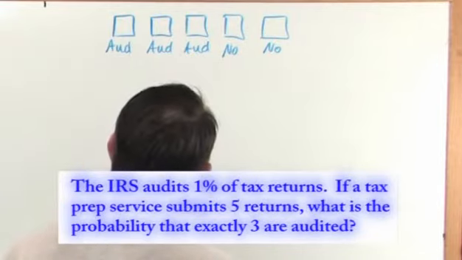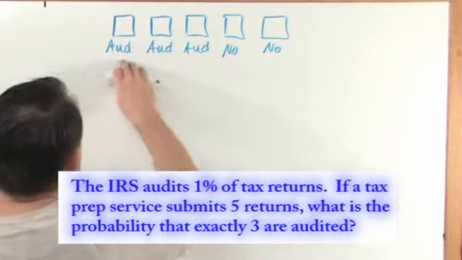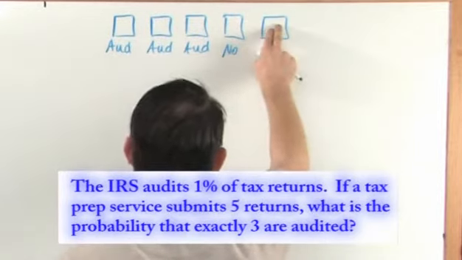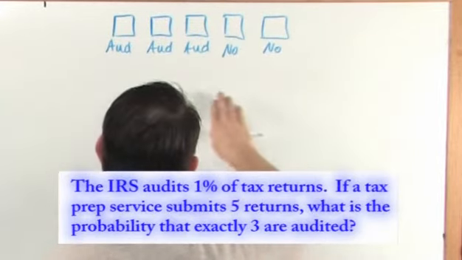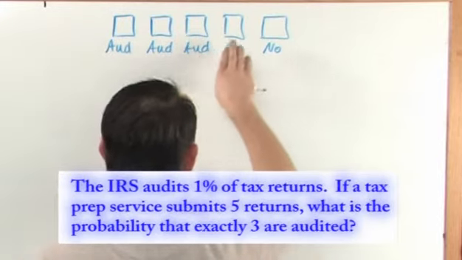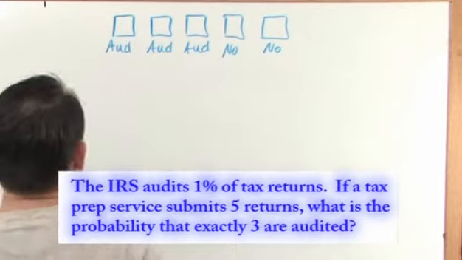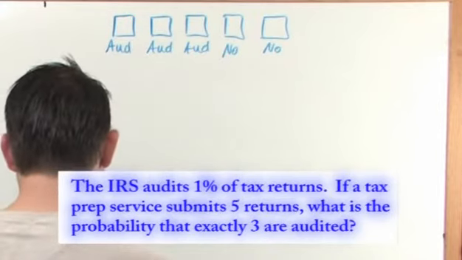But if I submit different 5 tax returns, then it could be totally different. This guy could not be, this guy could not be, and then these 3 people could be audited. So it's going to involve, just like all these problems, the probability of being audited, the probability of not being audited, and then a multiplier in front that tells you the number of different ways all this stuff can be arranged. That's going to be the total probability.